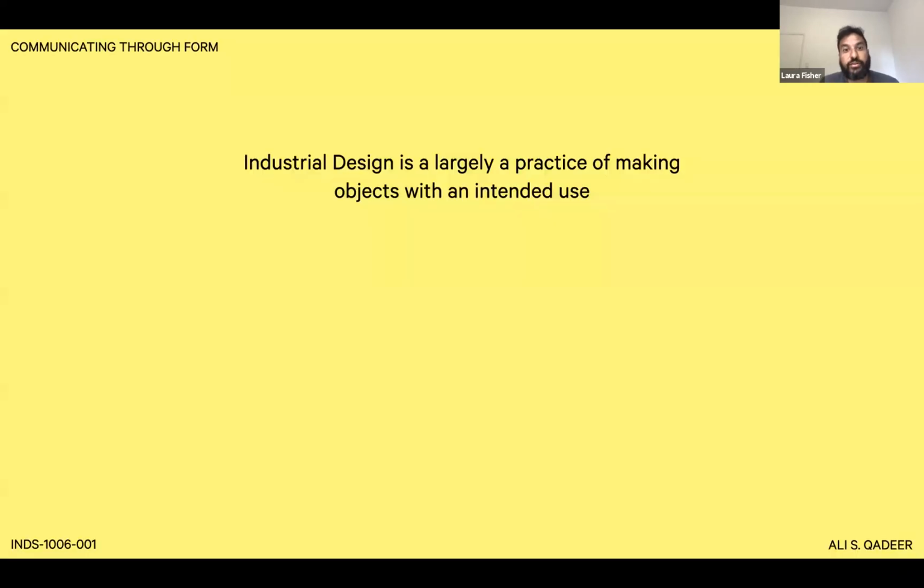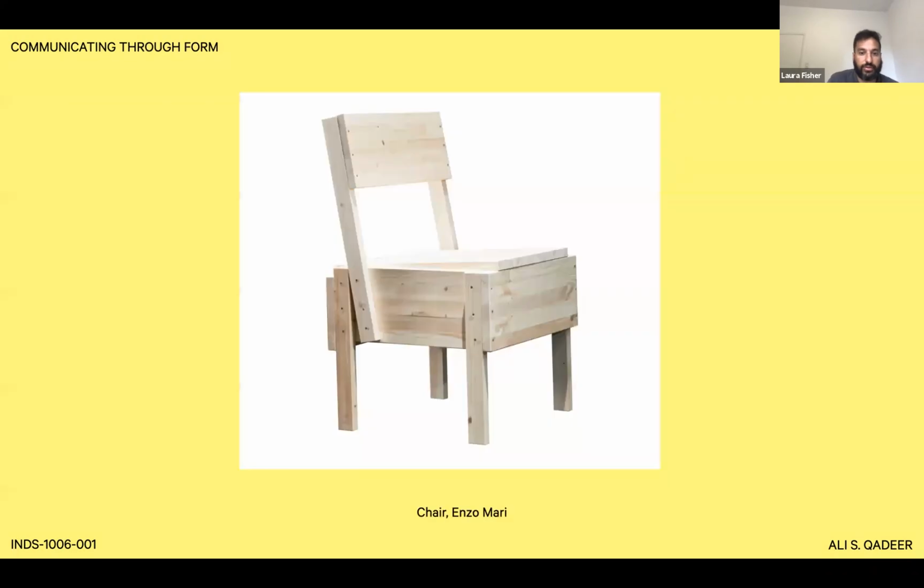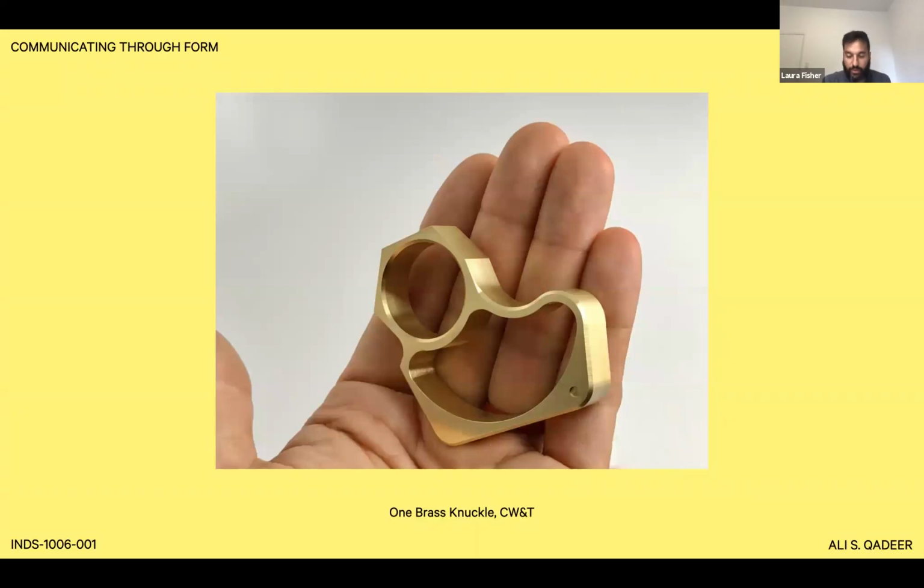Firstly, industrial design is largely a practice of making objects with an intended use. This is the Sedia chair by Enzo Mari. Historically, we've made objects that we interact with, things like chairs, or maybe this singular brass knuckle made by CW&T.